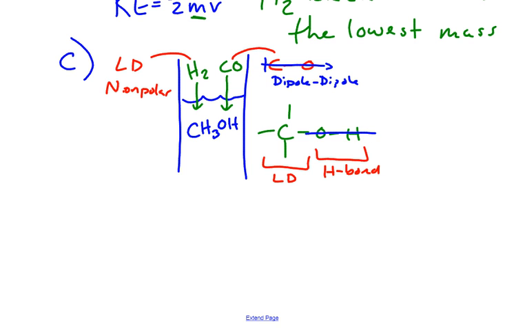Hydrogen bonding is just a super dipole. It's just a really strong dipole. So the interaction would be greater between CO and CH3OH because of the more similar IMFs in the interaction.